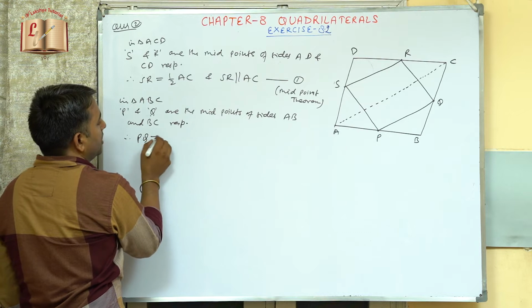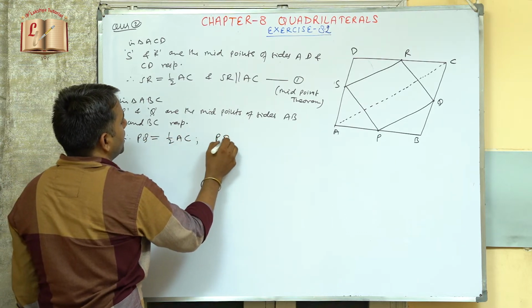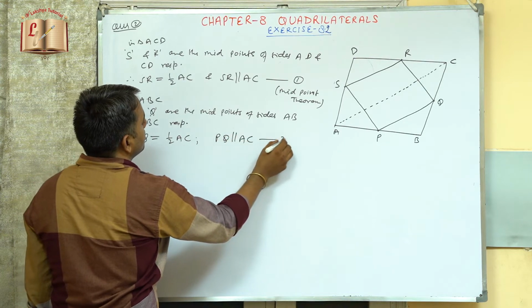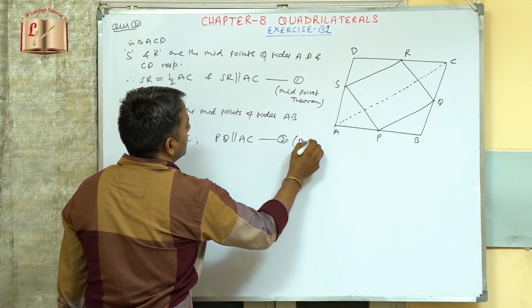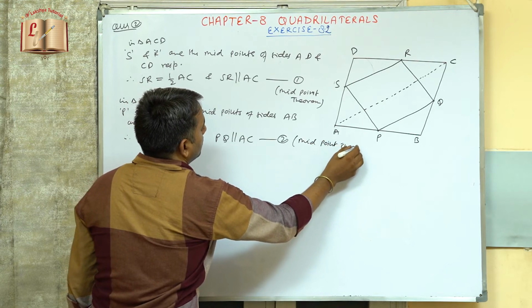Therefore PQ will be half of AC and PQ will be parallel to AC. So this is equation 2. Again this is the midpoint theorem.